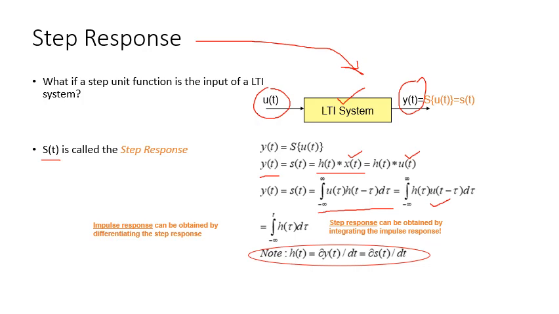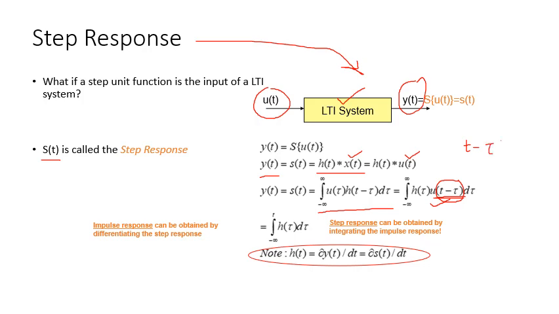Now, let us try to understand the significance of this u(t minus tau). You know that the unit step function exists only for values of the time written in this bracket greater than or equal to 0. So u(t minus tau) will exist for t minus tau greater than or equal to 0.